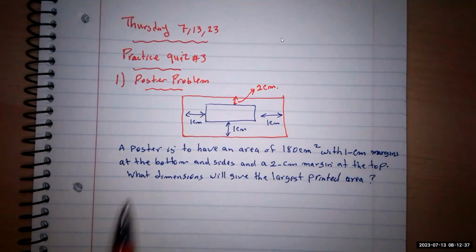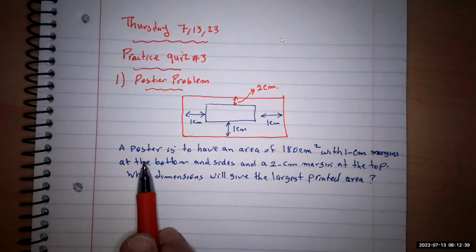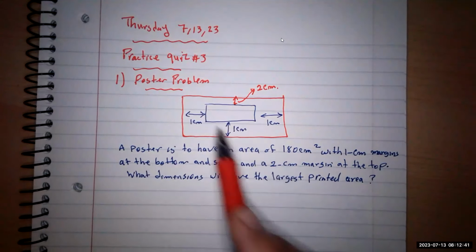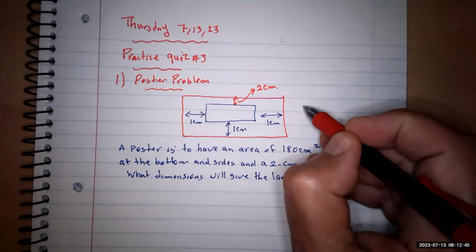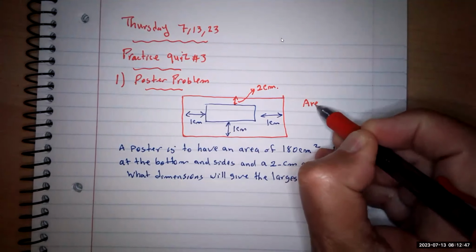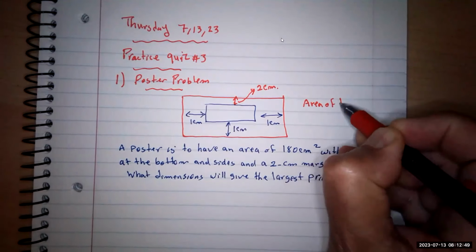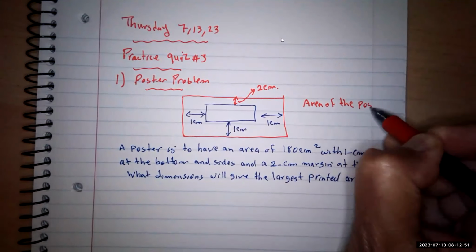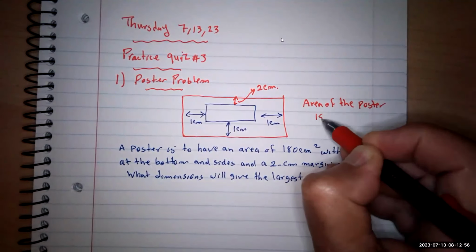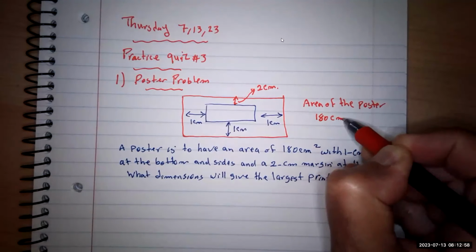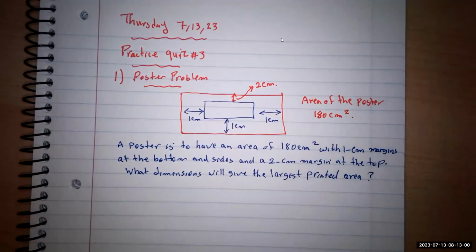Now, what you know is the area of the poster. The area of the poster is given to you. The area of the poster is the red one, and it is 180 square centimeters. You would like to use it as a printed paper, but you would like to make the best of it.